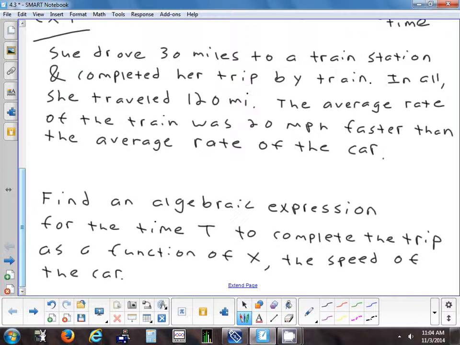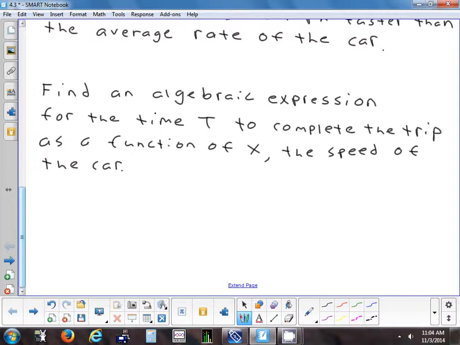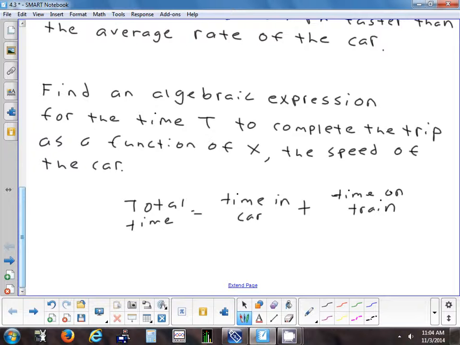So we have two different times we have to add up. So the total time for the trip is going to be the time in car, plus we have to add the time she's on the train. So we have to figure out these two things.